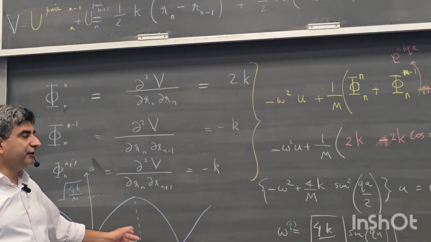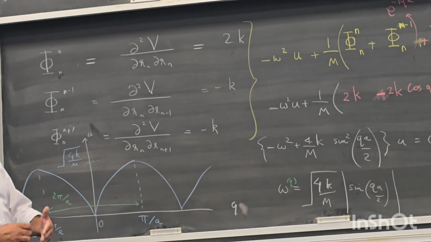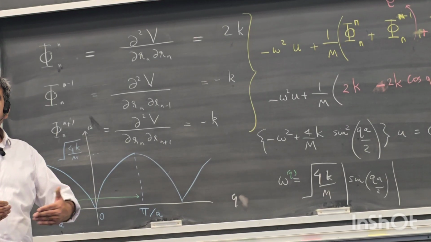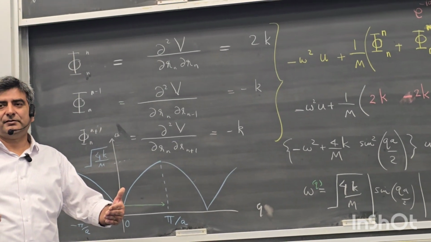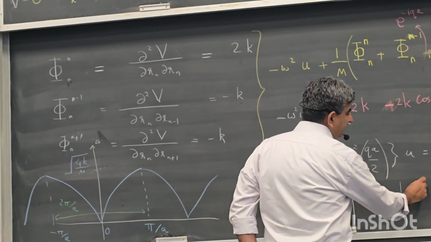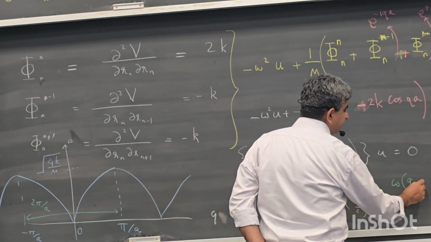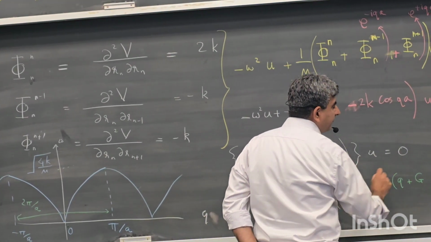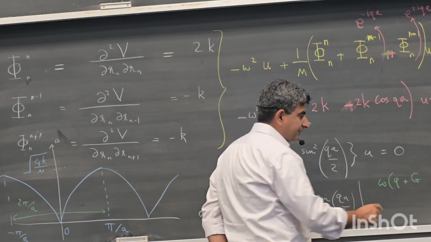It's periodic in 2 pi over a, and 2 pi over a is the length of the reciprocal lattice vector. So this omega really has a period of G, where G is the length of the reciprocal lattice.